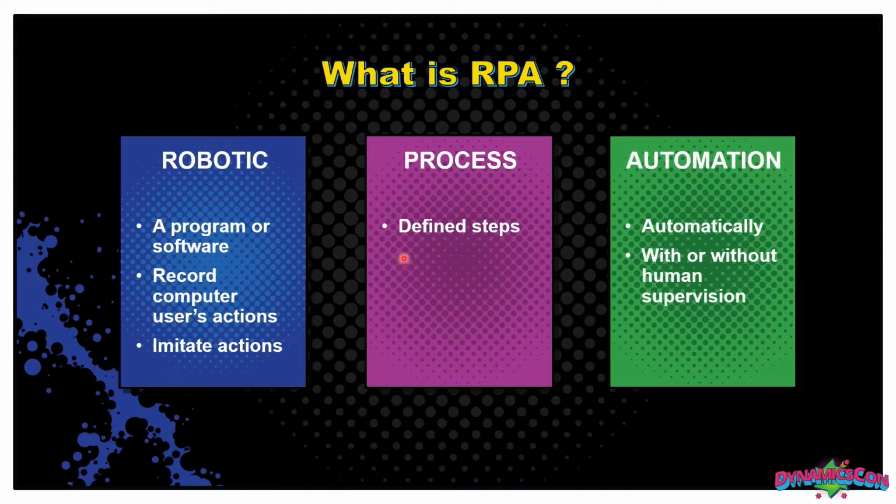Without those being defined, implementation of an RPA bot becomes a little difficult, and that bot or execution of that process can then be done with or without human interaction. So in short, RPA is a program or software that has the capability to record user interface actions, and from there it repeats those steps and performs things automatically.